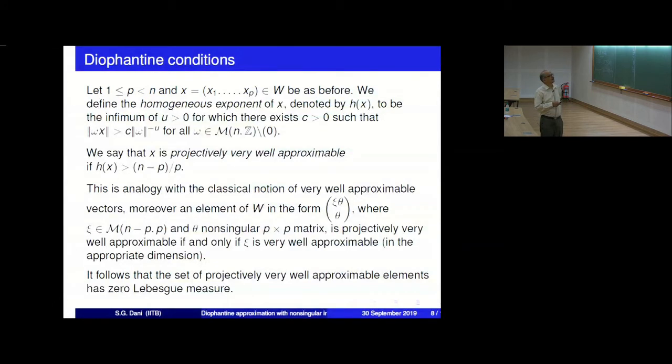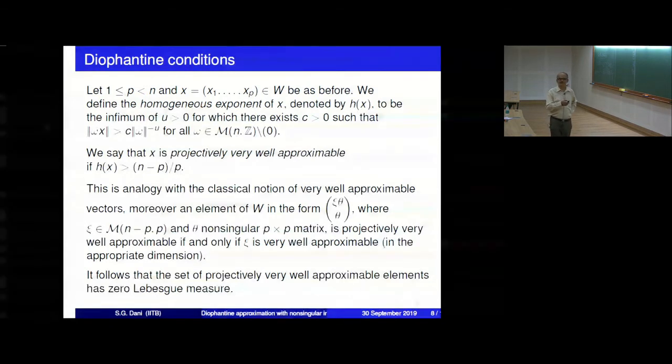To that, I can multiply any integer matrix of size n cross n. The norm of that should exceed a certain constant times the norm of this w raised to minus u. So look at the set of u for which this holds, and take the infimum.